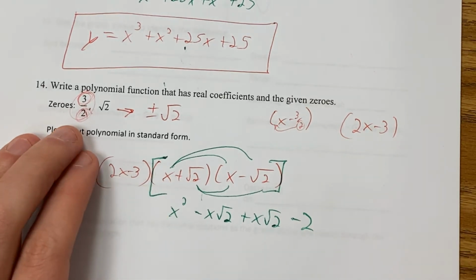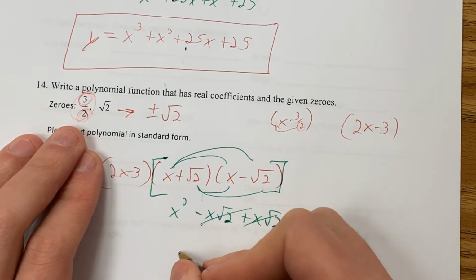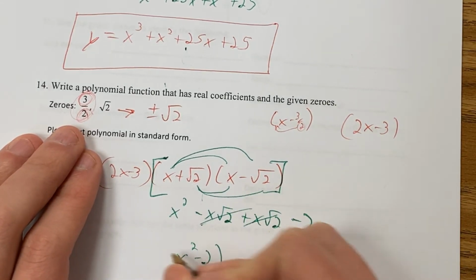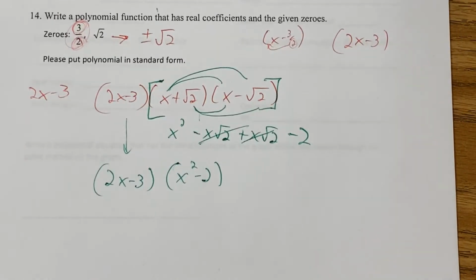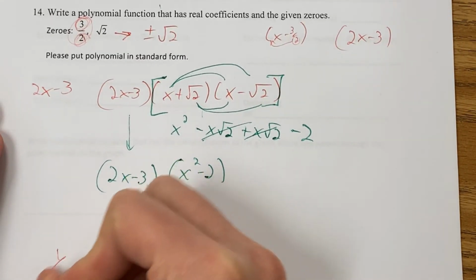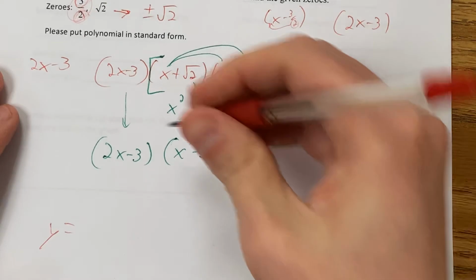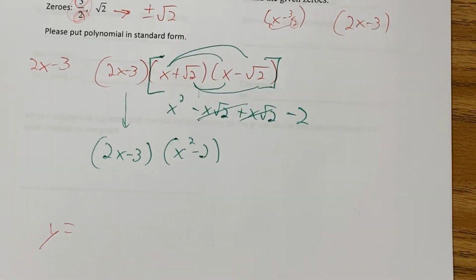So it's just a negative 2. Those cancel. X squared minus 2. FOIL one last time and we'll be done. I recommend pausing and trying, but I can't force you because I'm not physically next to you.